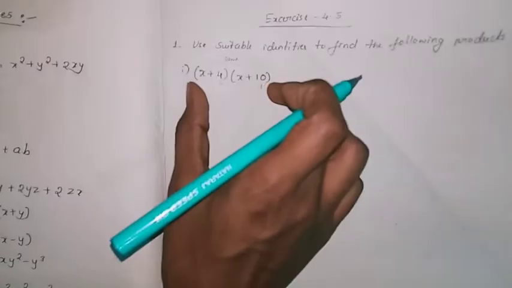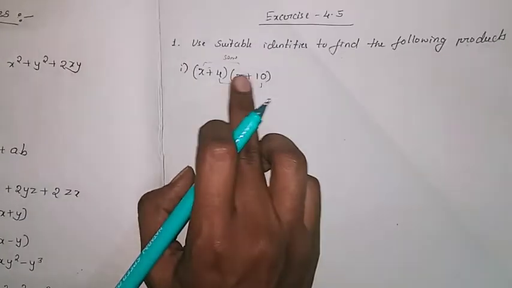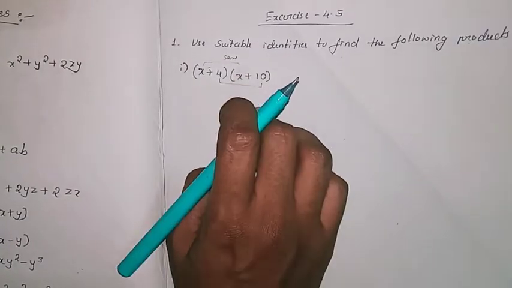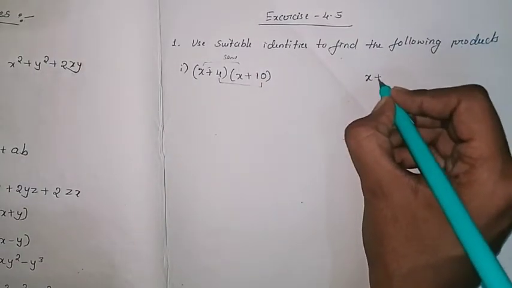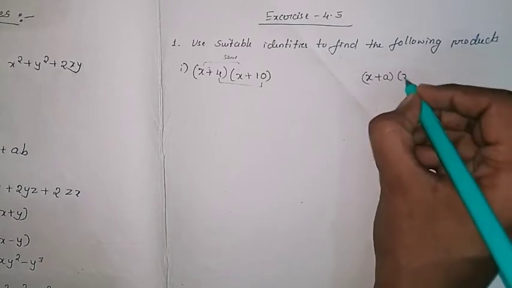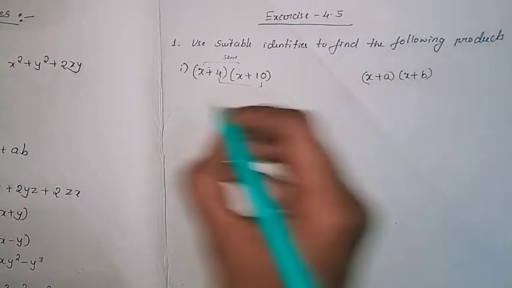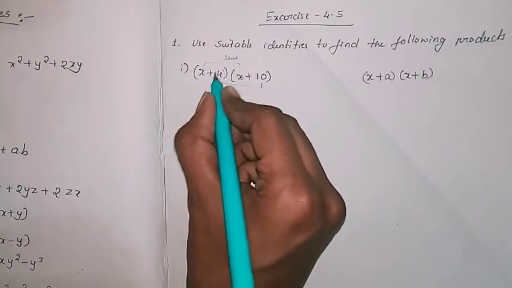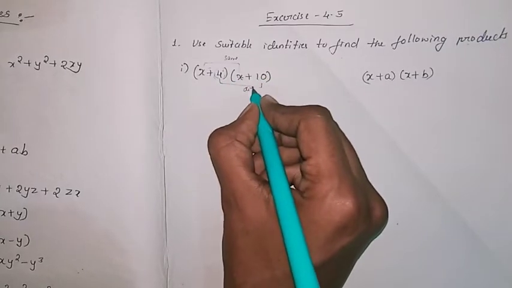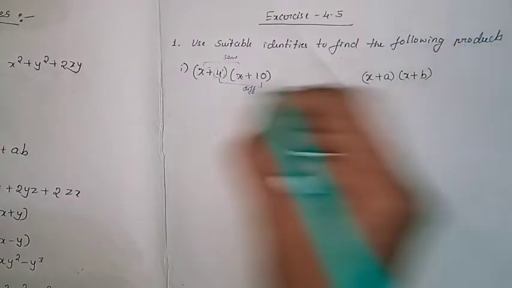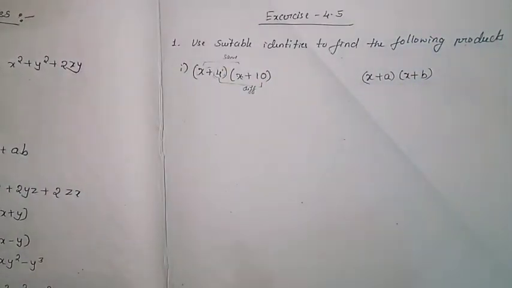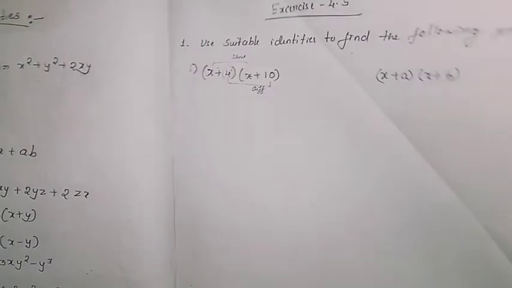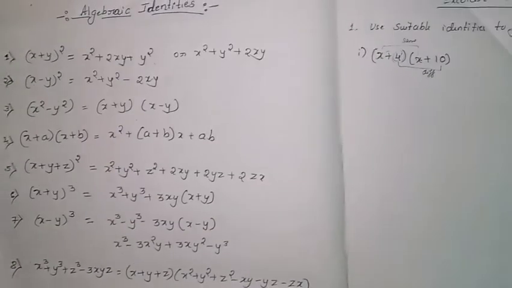Now you have to check in the formulas where you have x plus a and x plus another term b, because the x terms are the same and these two numbers are different. You can observe another thing, that these are bracket terms. There are two brackets. So whenever you are searching for the identities, you have to observe these things.